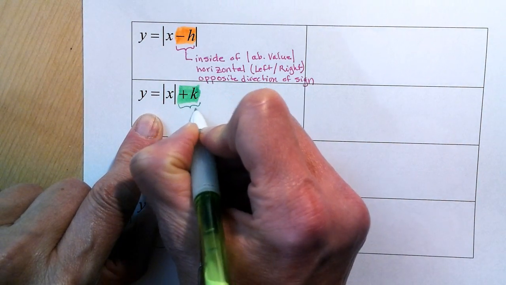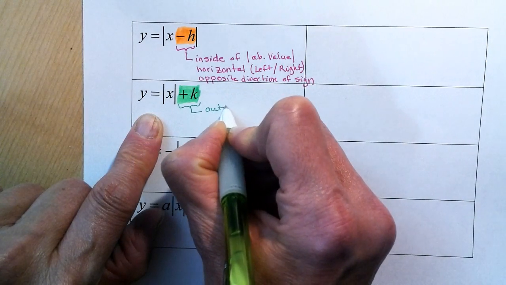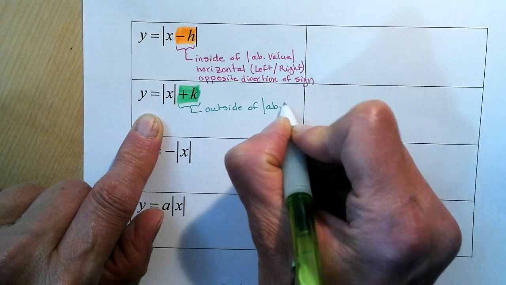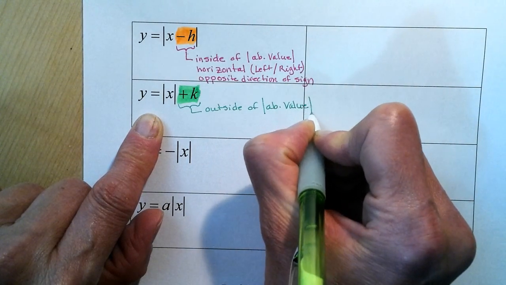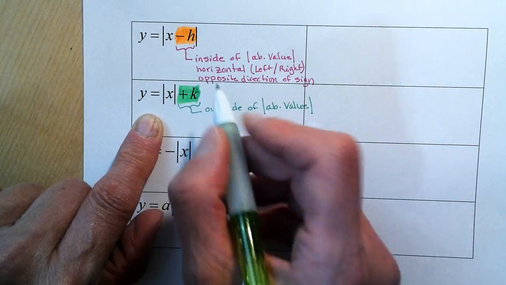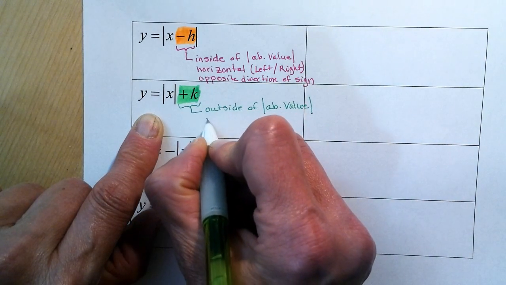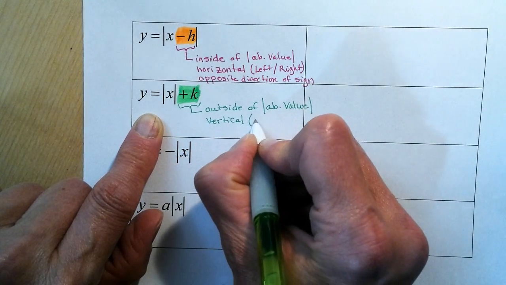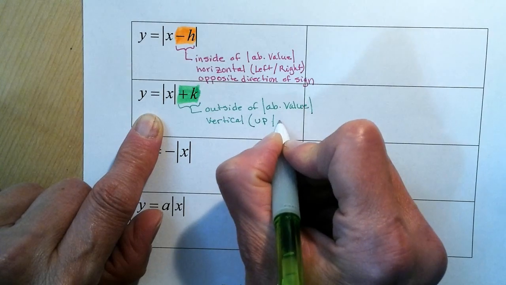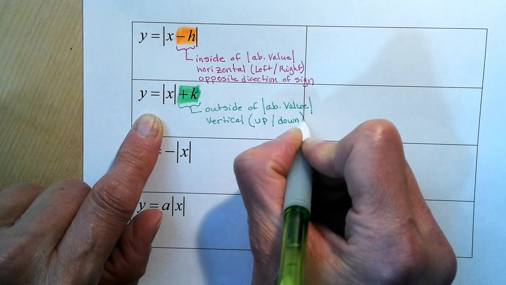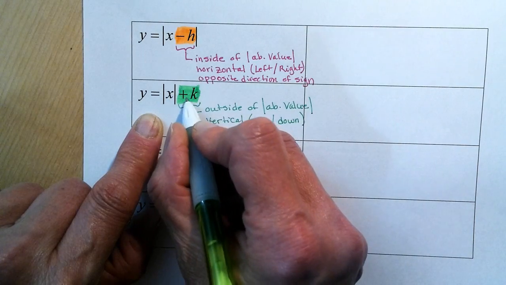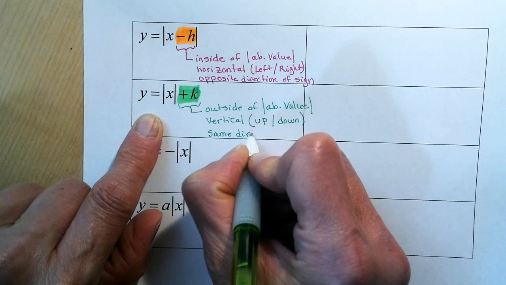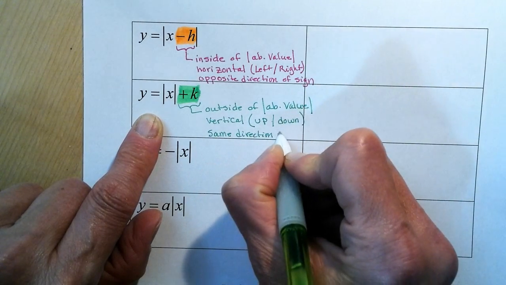This here is on the outside of the absolute value, and on the outside, it's going to give you the vertical translation, which means it's either going to be up or down. And it has the same direction of the sign.